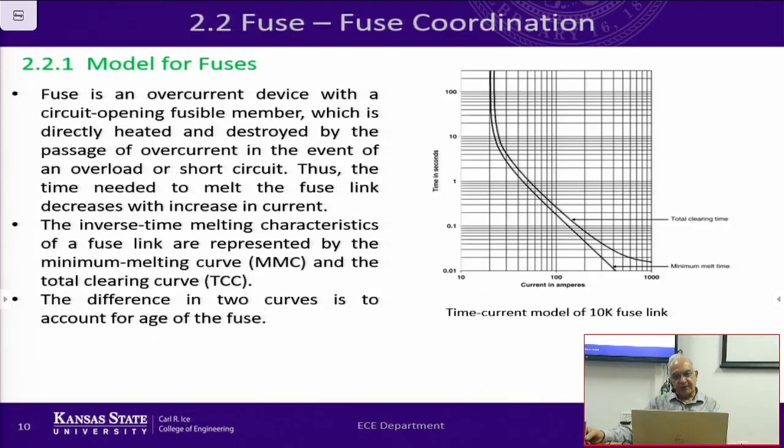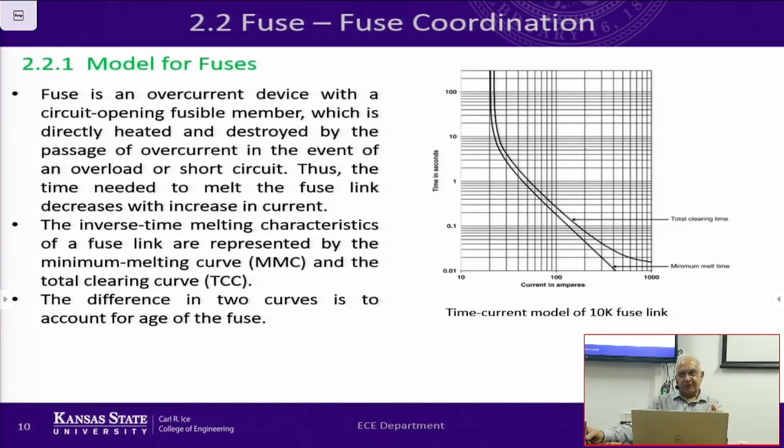The reason we have the difference between the two curves is that it takes care of the age of the fuse, because if the fuse is new and has not seen any duty, it may take a little bit longer to operate. And a fuse may be used multiple times: sometimes there is an overcurrent and the fuse starts to become hot but does not actually melt, and it cools again.